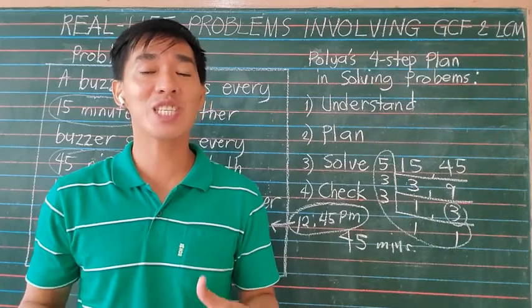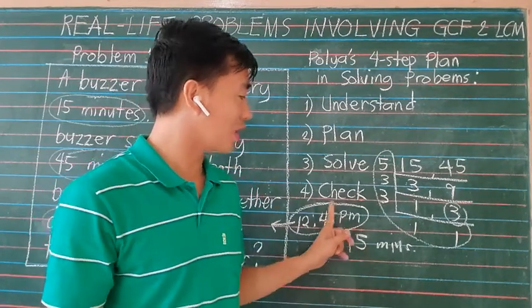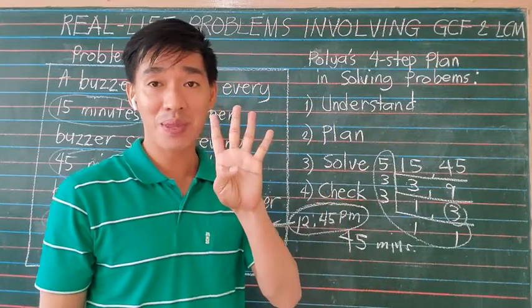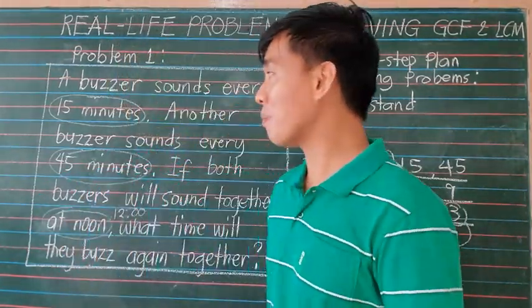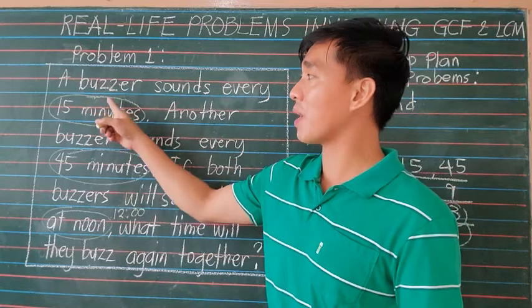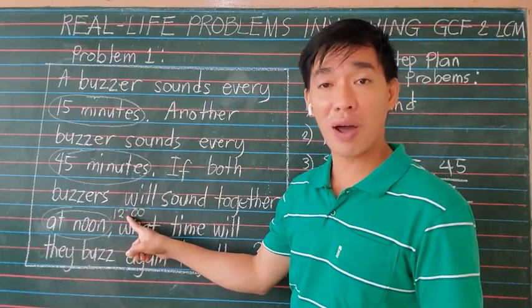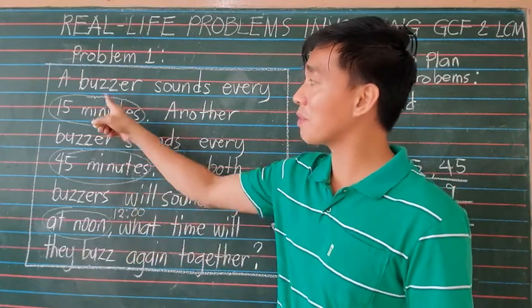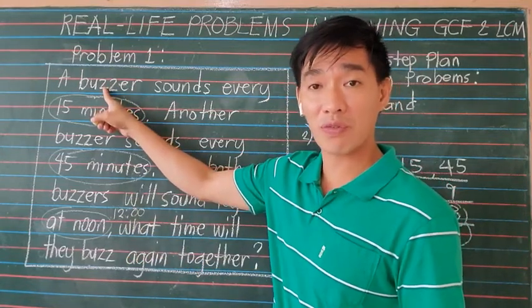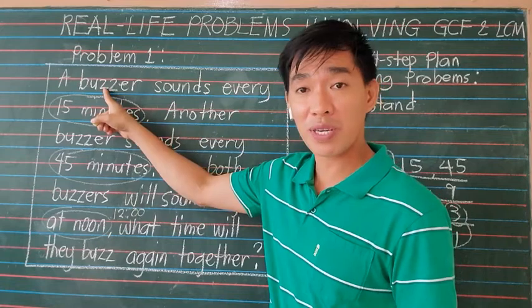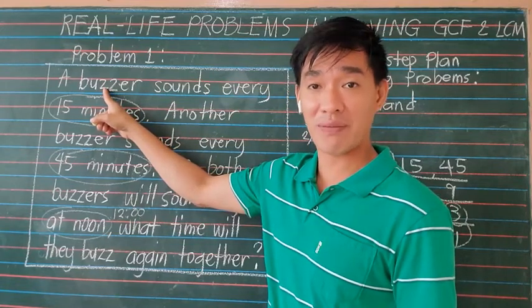So, let us check if our answer is correct, which is step number 4. For step number 4, let us check. If you skip count by 15, so if they buzz together at 12 o'clock, the next time that buzzer 1 will buzz is 12:15. Next is 12:30. Next is 12:45.